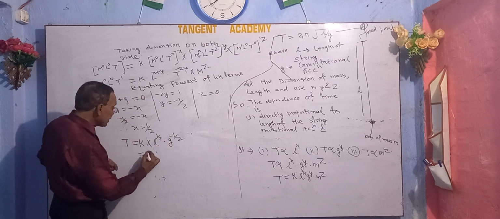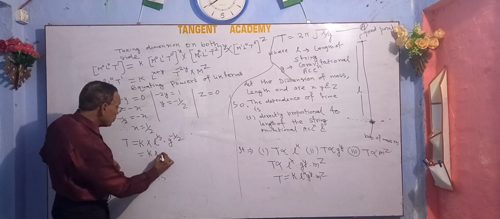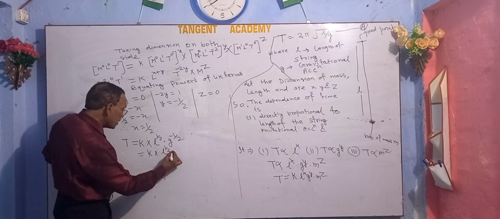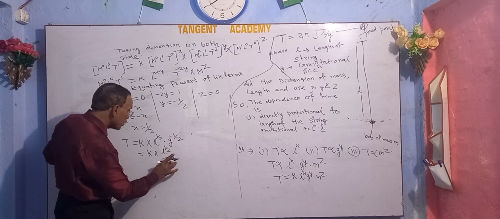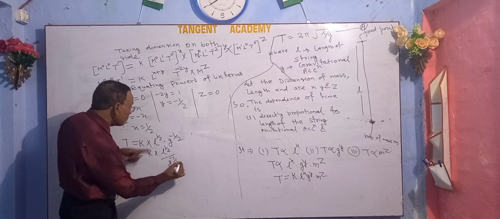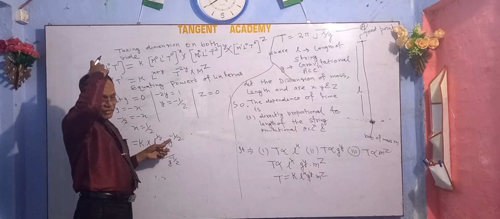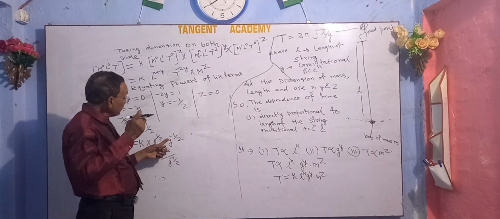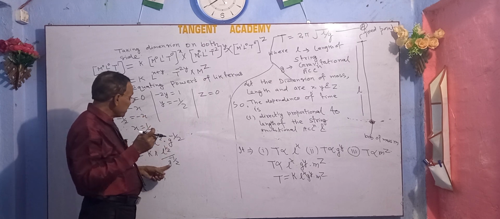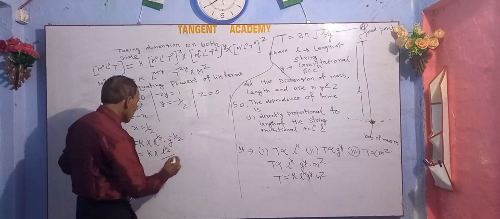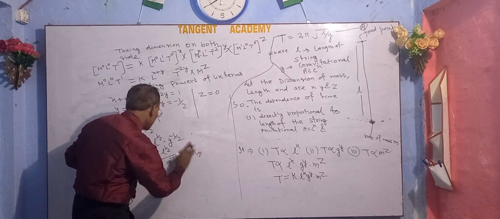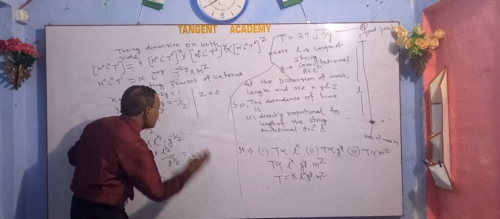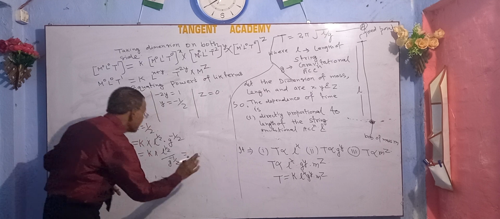It can be rewritten as k into L to the power half divided by g to the power half, because according to the law of indices, the negative power can be written as positive in the denominator. So these all have half power.